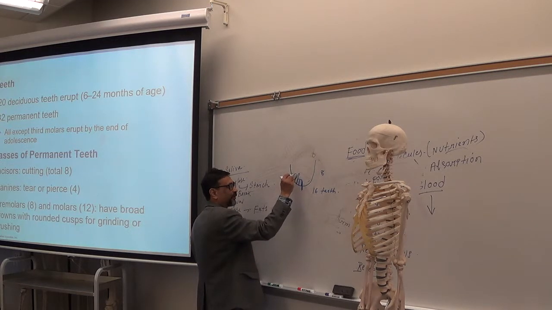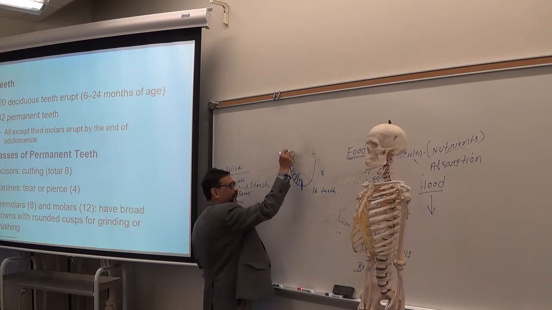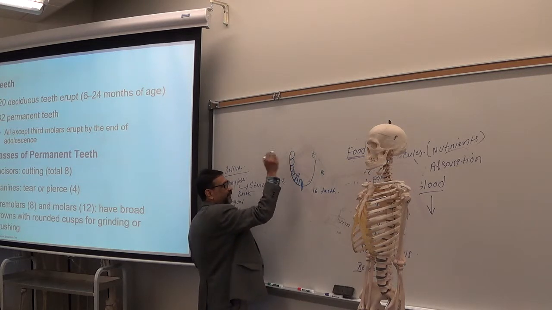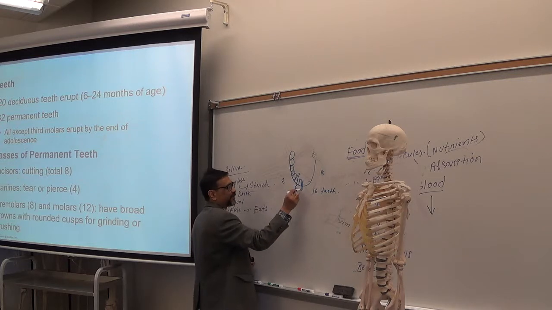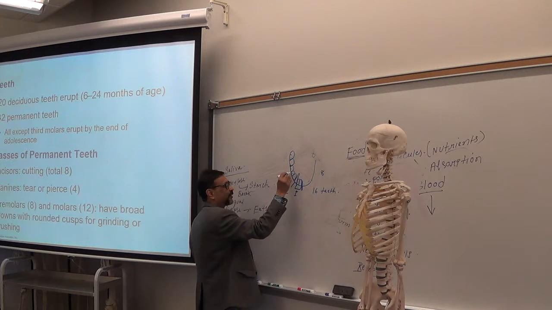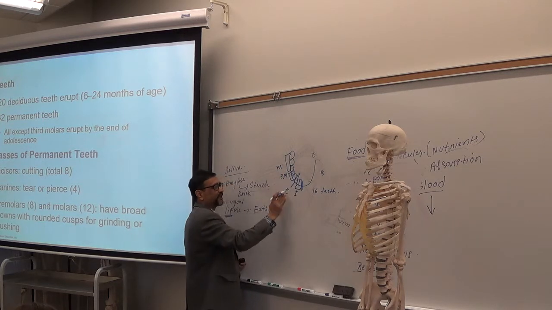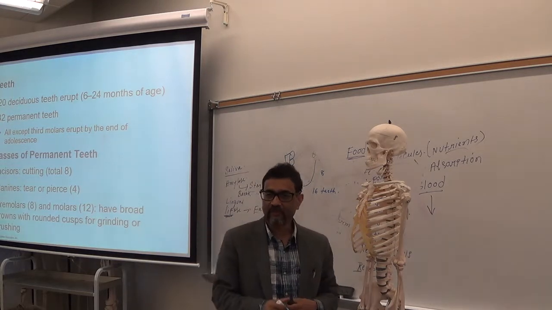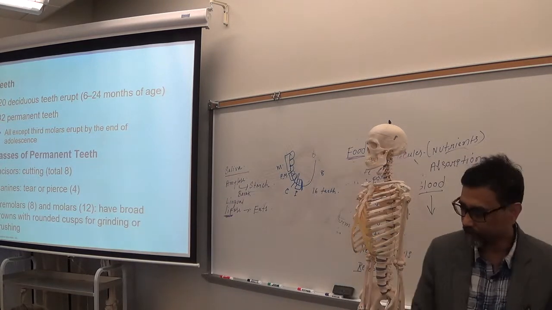Then you have 2 premolars and 3 molars. Incisors, canine, premolars, molars. So 8, same 8 on this side. Also in the lower arch, you have the same. So 32.